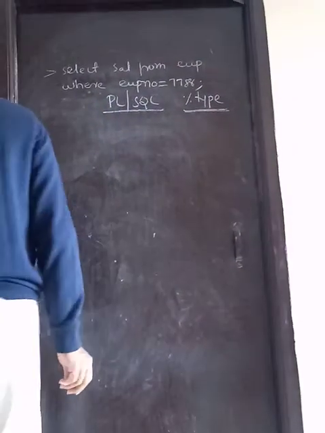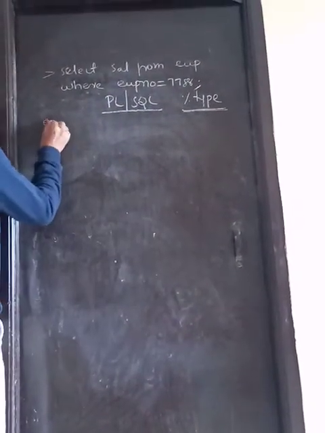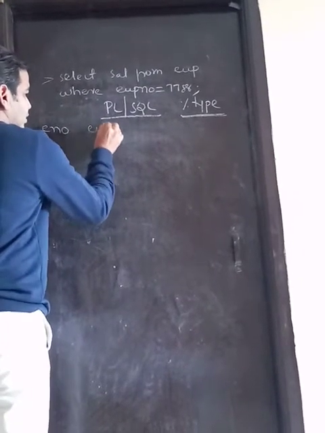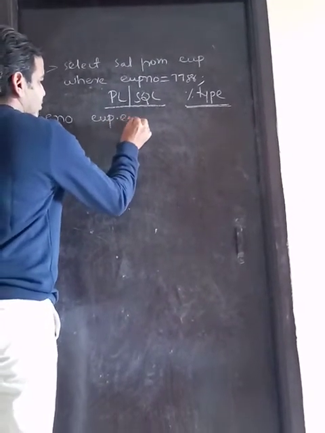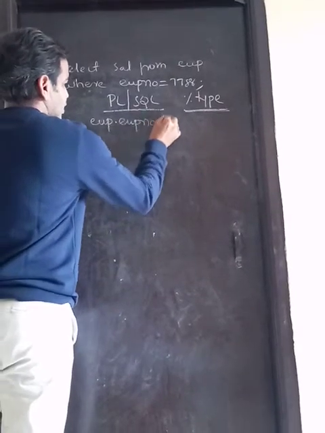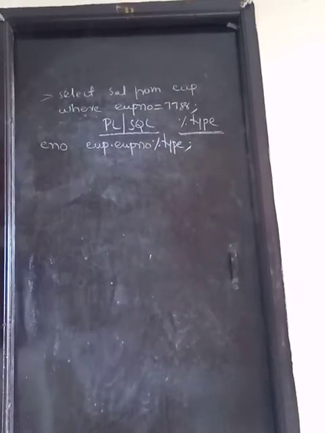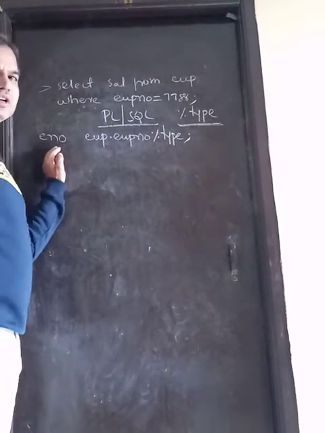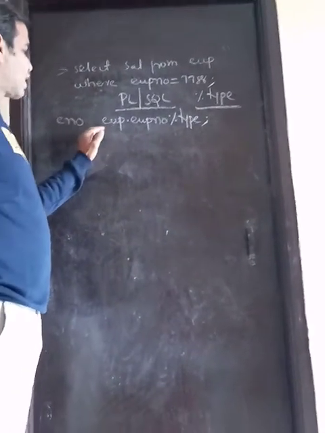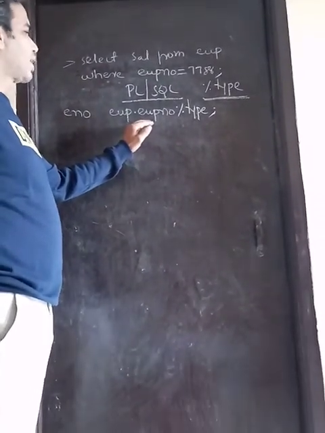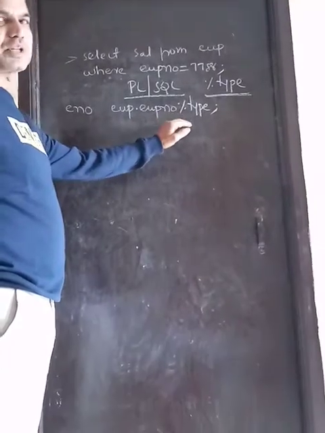So first of all, E number, employee number, we are accessing from employee table dot employee number using %TYPE. It means E number is an ordinary variable, and here we are accessing the structure of the employee table's employee number with the help of %TYPE.